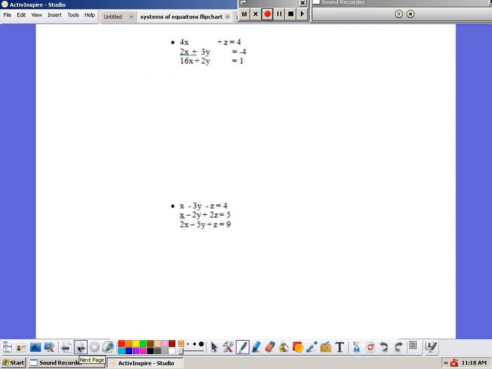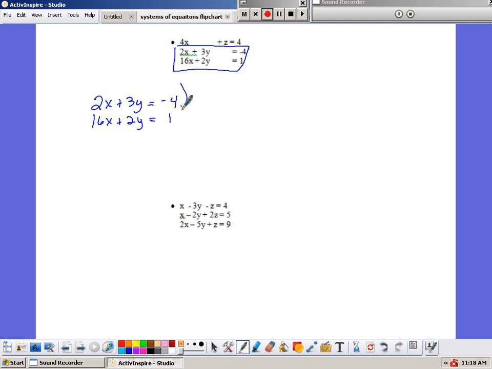Okay, let's go to one that has some holes in it. Okay, this one has holes in it. So what I do is I look at it and I look for two equations that have the same letters in them. So these two have the same letters in them. So I can take 2x plus 3y equals negative 4 and 16x plus 2y equals 1 and do it like a two equation system.